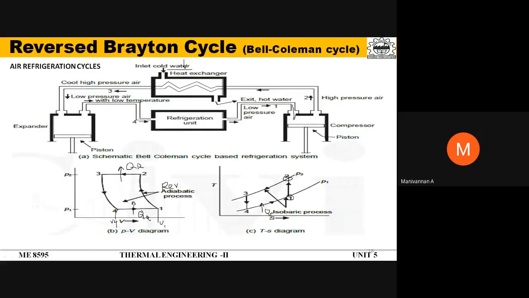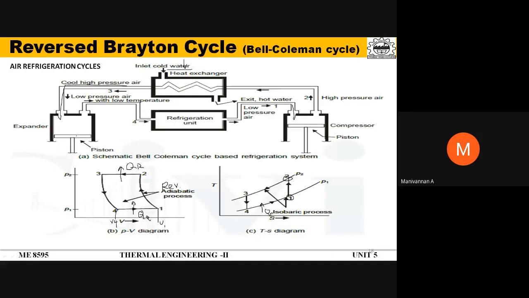This cool air will be sent to the expander to reduce the temperature of the air. The high pressure cool air now goes to the expander. The expander is similar to a compressor, where it expands and reduces the temperature as well as the pressure of your air.